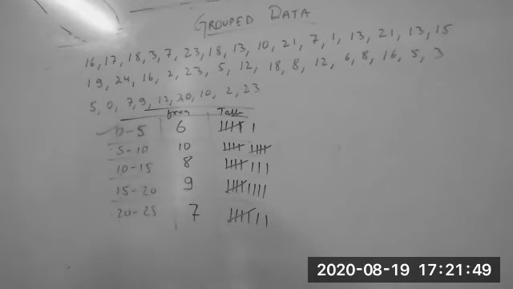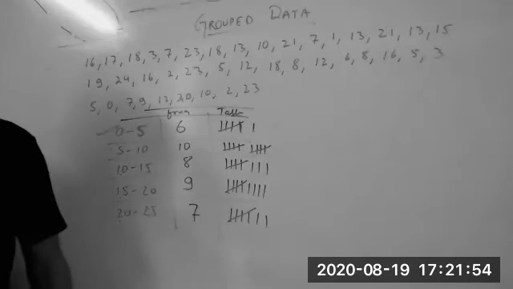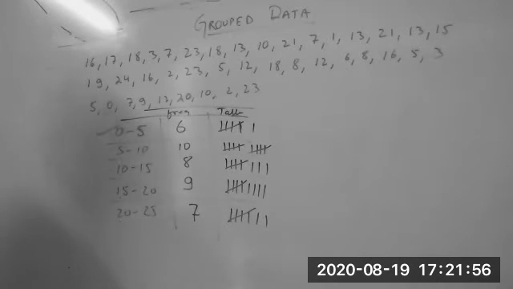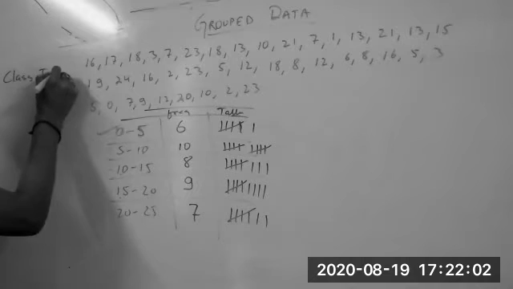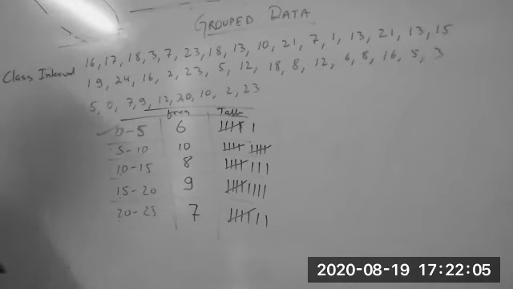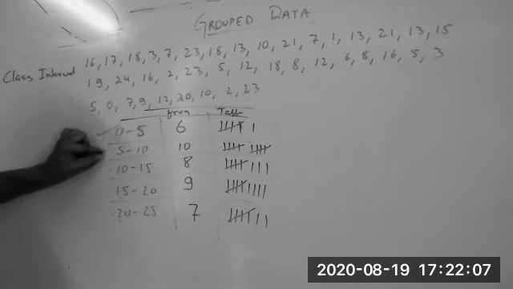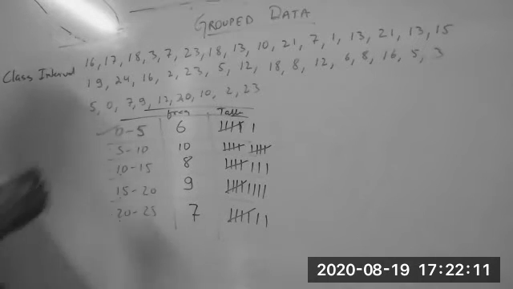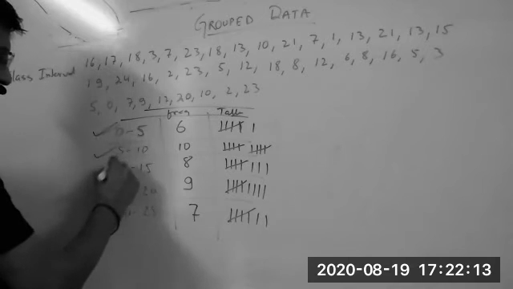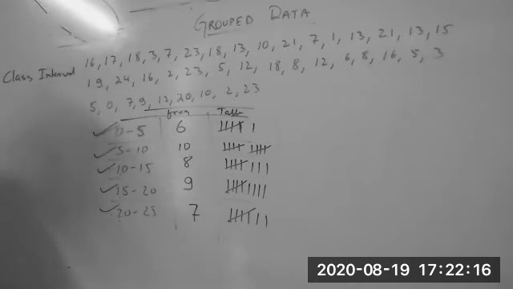So everyone understood this part? Yes, sir. So now a new term which I'll tell you is class interval. This 0 to 5, or 5 to 10, or 10 to 15, or 15 to 20, or 20 to 25, this is known as class interval.